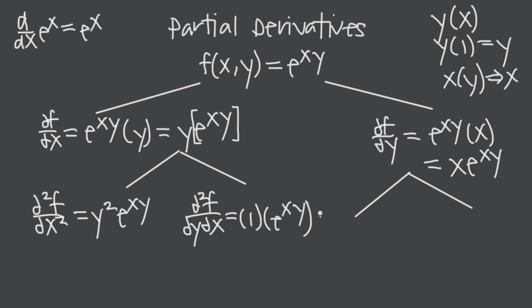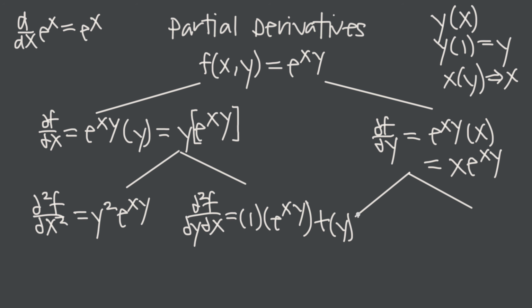Then we add to that the opposite situation. This time we leave y alone and we do nothing to that, but we multiply by the derivative of the other function. So the derivative of e to the xy with respect to y, well, we actually already found that. Up here we had e to the xy, and we took the derivative with respect to y. The result was xe to the xy.